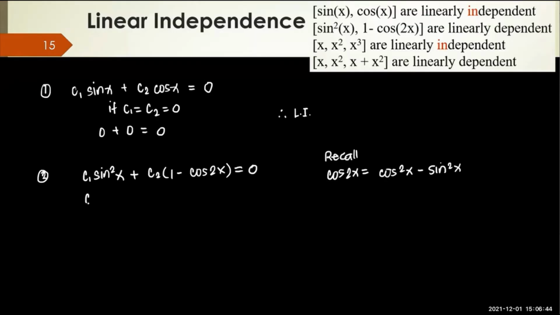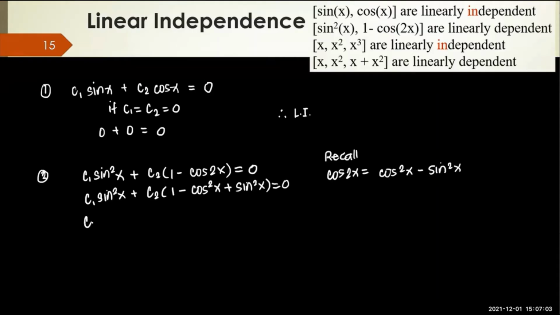Therefore, this one: C1 sine squared x plus C2 times (1 minus cosine squared x), minus minus becomes plus sine squared x, is equal to 0.